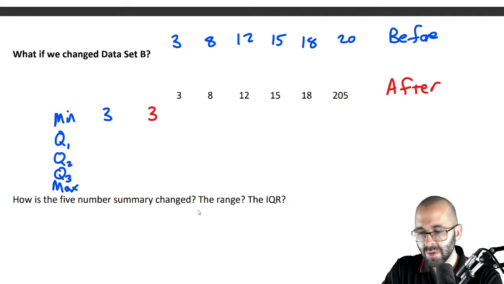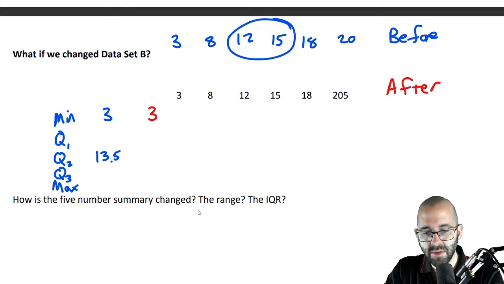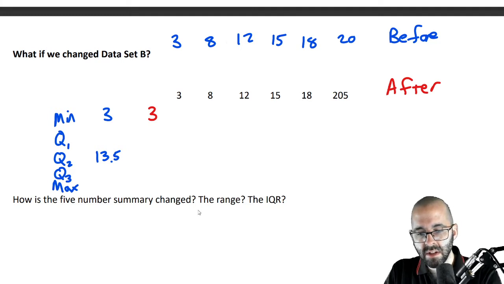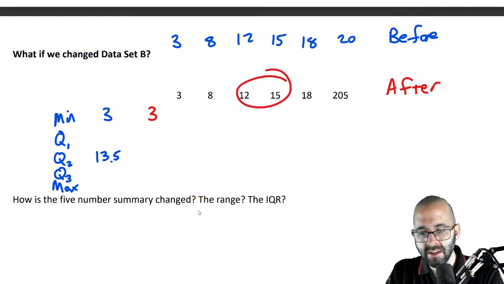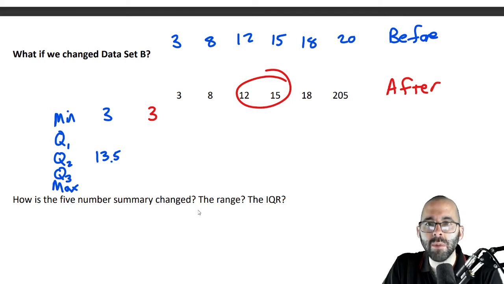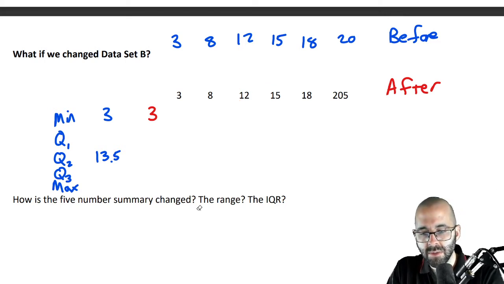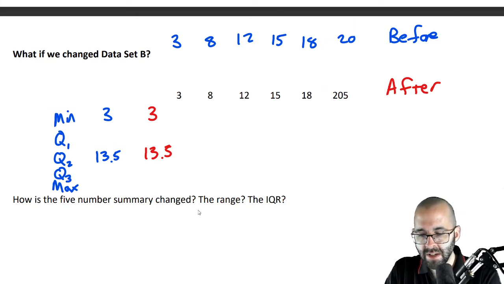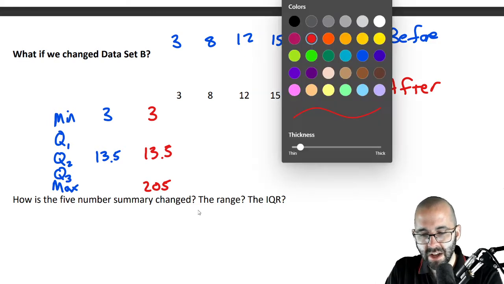It's always easiest to start with the median and the max. So the median, we said that before, the second quartile is 13.5. The median is just what's in the middle. In this case, there's two middles, so we take the average. After we change the data, the median is still 13.5. So that hasn't changed either. The maximum has changed though. The maximum used to be 20, and now it's 205.